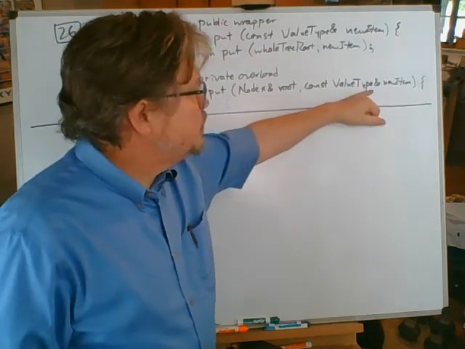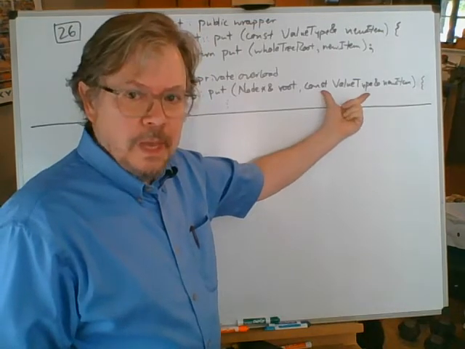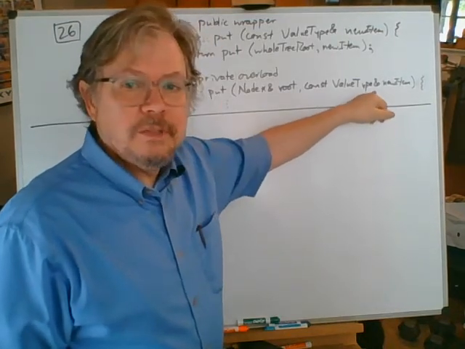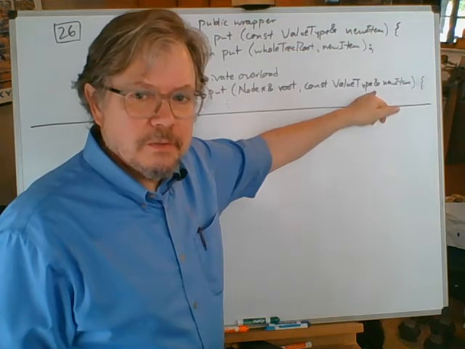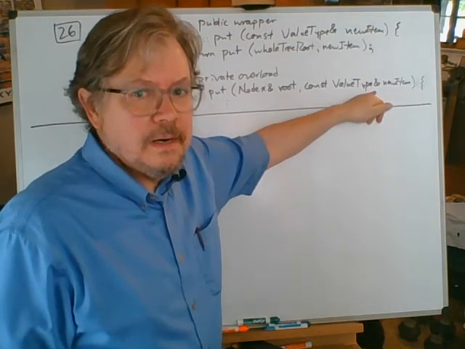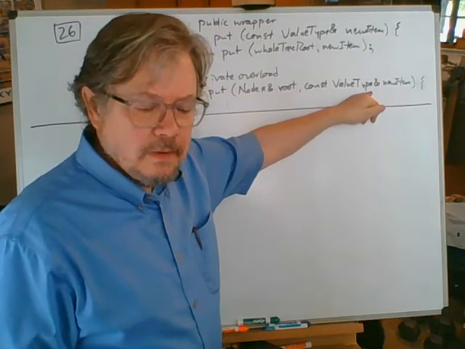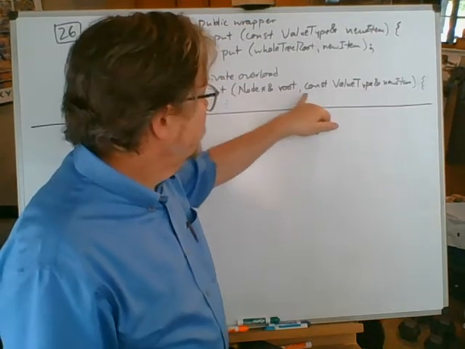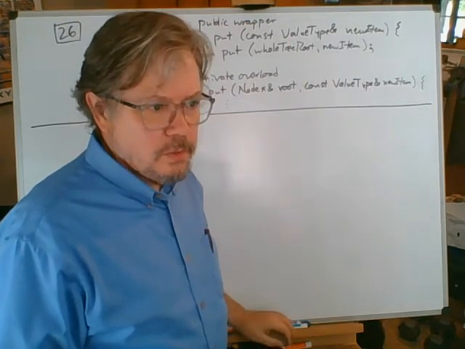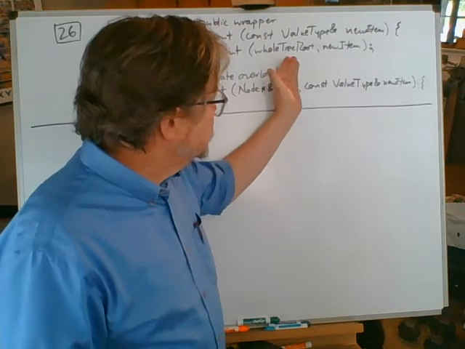So instead, we just pass in the address. These two almost cancel each other out. We pass in by reference to save space. All we're doing is passing the address of the item, because we might not even have to copy it into the tree anyway if it's already there. So we save space by passing in nothing but, in effect, a pointer value. And it's constant so that we can't change the new item. We can't change the picture of the cow. Okay? All of that is to describe that.